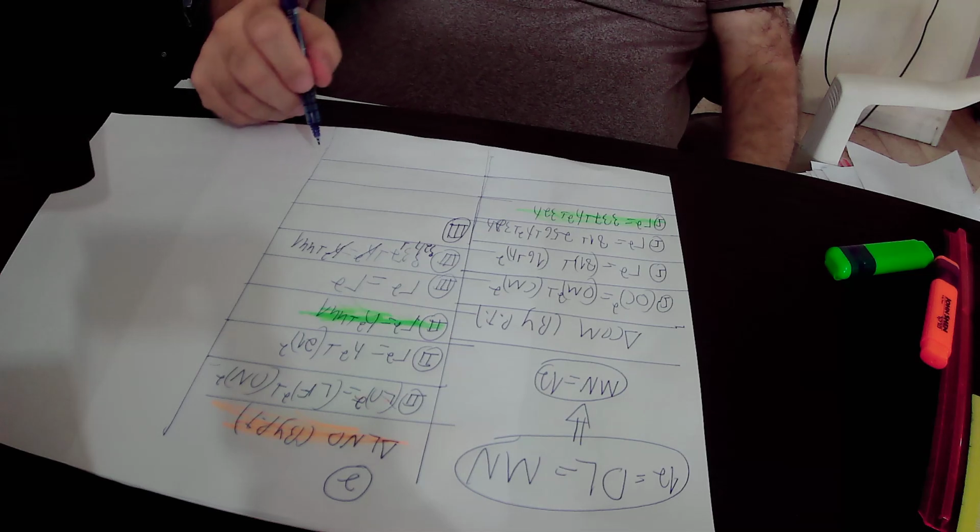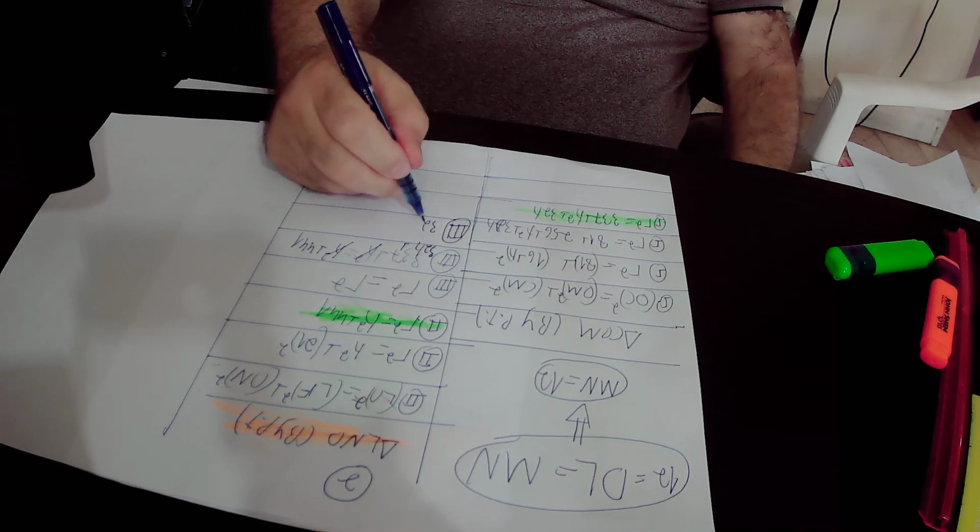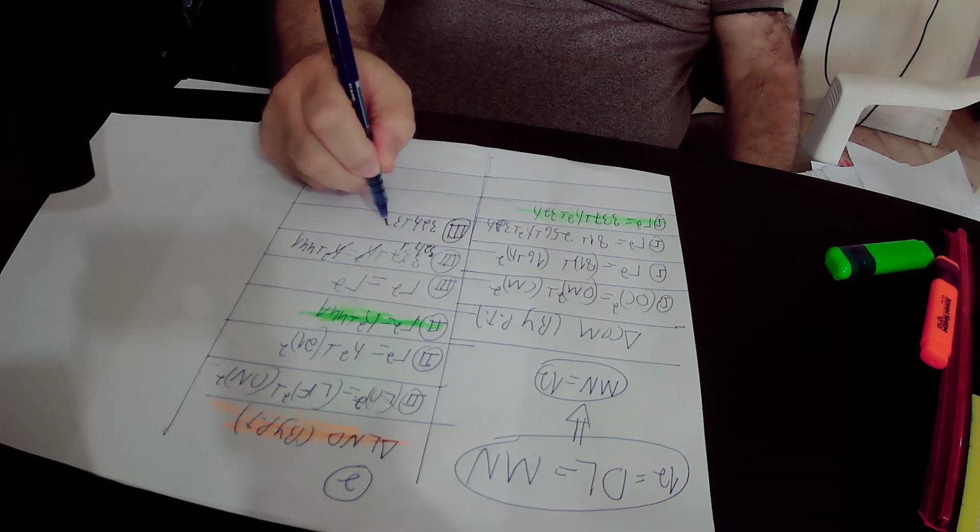So on this side of the equation we have 32H plus 337.